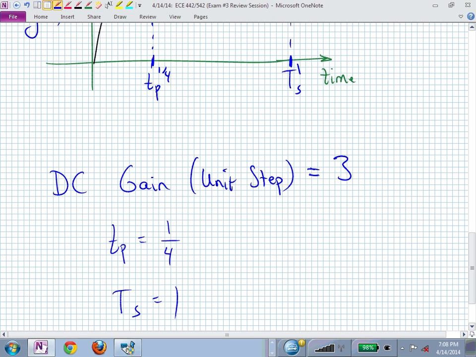What do you know about the peak time? Pi over omega sub d, isn't it? But you also know that theta sub d is omega sub d t. So omega sub d is actually theta sub d over t.